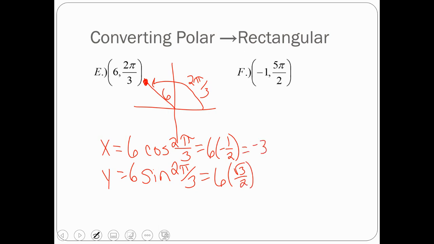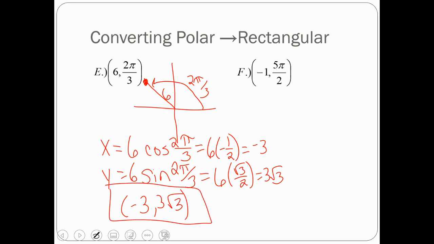So that would be -3, and then this would be 3 square root of 3. -3, 3 square root of 3 would be what this is in rectangular. So I could go the polar way of going around the circle 2 pi over 3 and then going out 6 units from the origin, or I could go -3 over and then up 3 square root of 3 and get the answer as well.